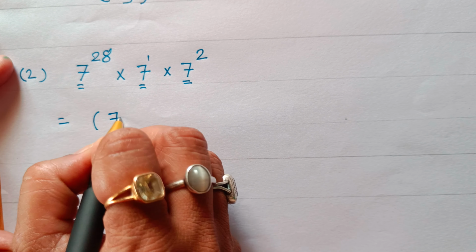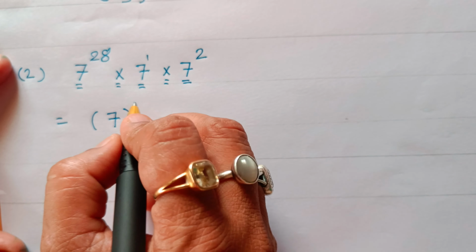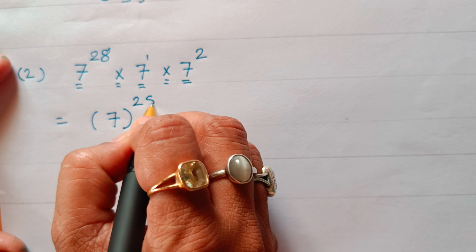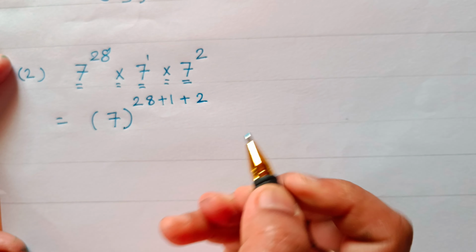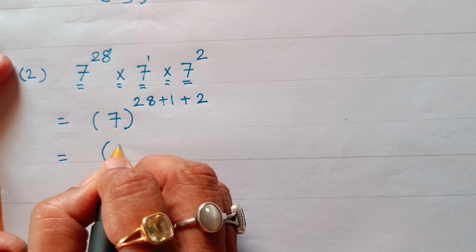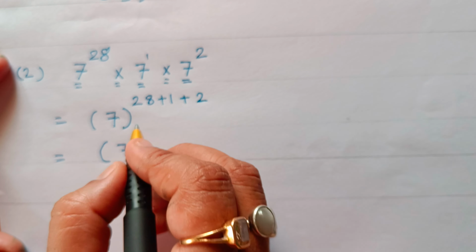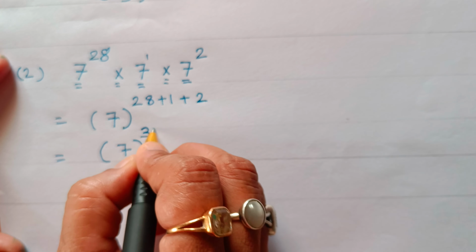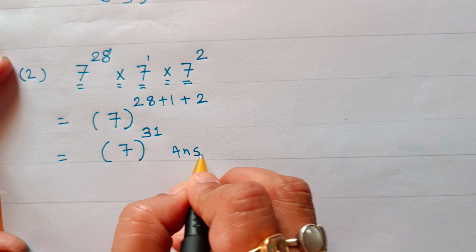Therefore 7 raised to 28 plus 1 plus 2 is equal to 7 raised to 31, which is our answer.